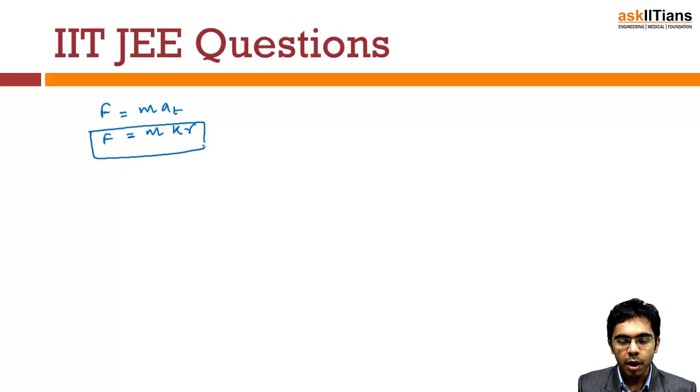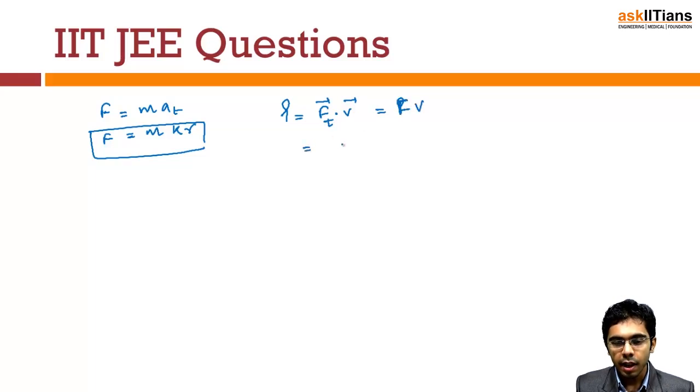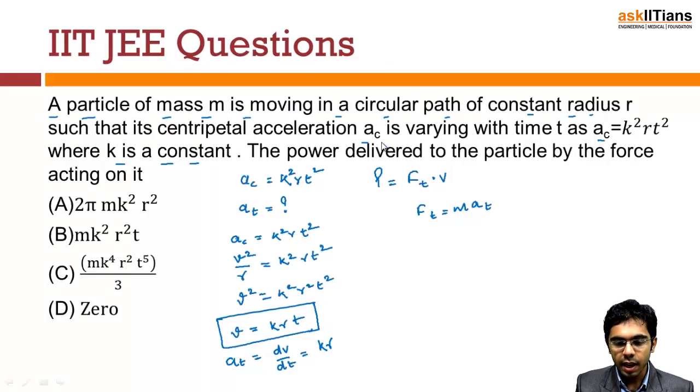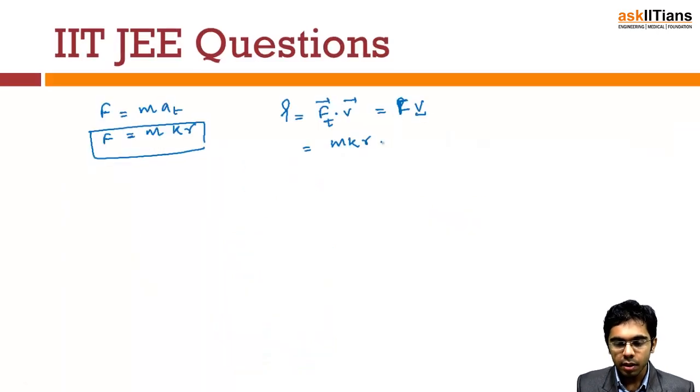Now power, we know that power is equals to force F dot V, where this is the tangential force and this is the velocity along the tangent. So this will straight away come out to be FV. So it will be mkr, and V we have found as krt, so it will be into krt.